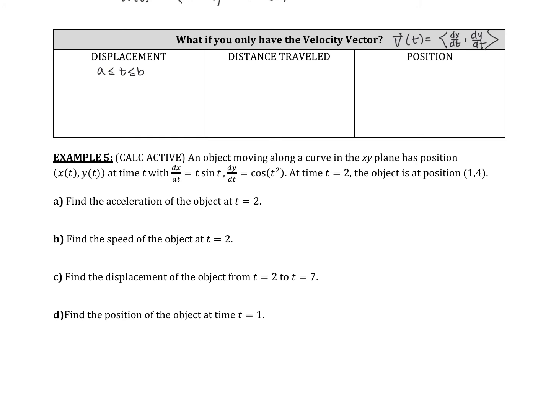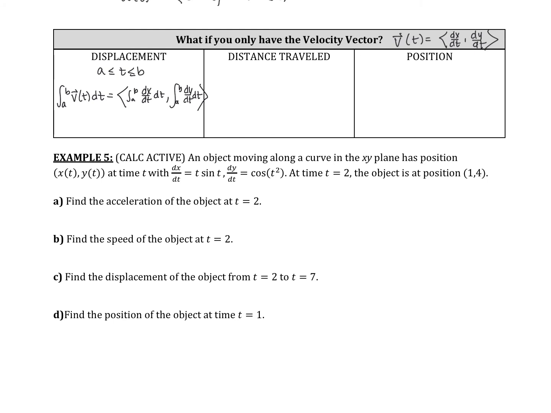The way that we do that is we take the integral from a to b of my velocity vector, which means that my vector, and this ends up being a vector as well, is the integral from a to b of each component of my vector. So the integral from a to b of dx dt, and the integral from a to b of dy dt. So that's the displacement.